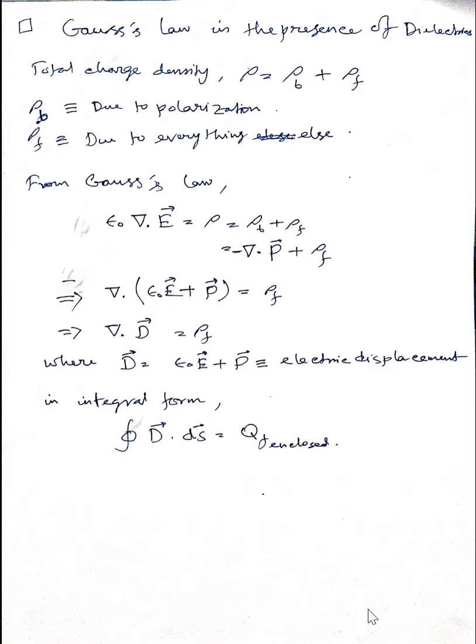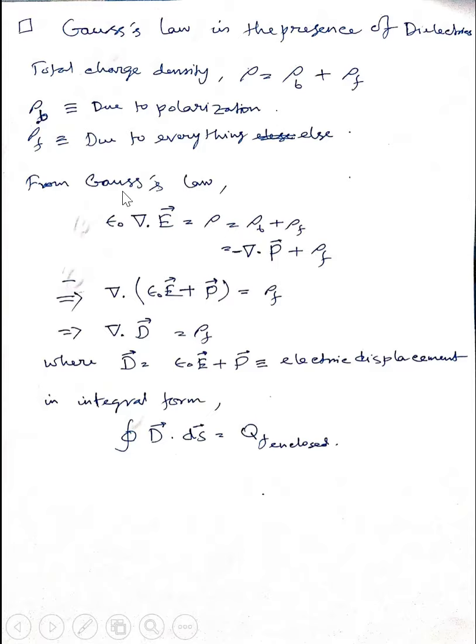One will be for the polarization, that is the bound volume charge density, and another will be for everything else. I'm calling it the free charge density, the free volume charge density.